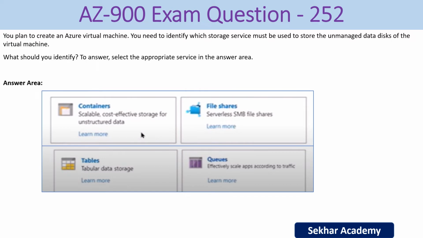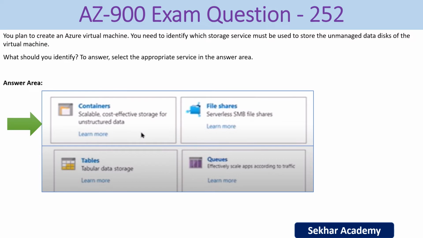Question number 252. You plan to create an Azure virtual machine. You need to identify which Azure storage service must be used to store the unmanaged data disk of the virtual machine. What should you identify? The options are containers, file shares, tables, and queues. The right answer is containers. Azure containers are the backbone of the virtual disk platform for Azure IaaS service.